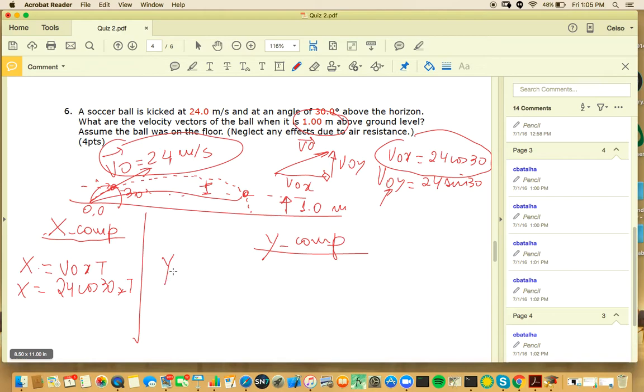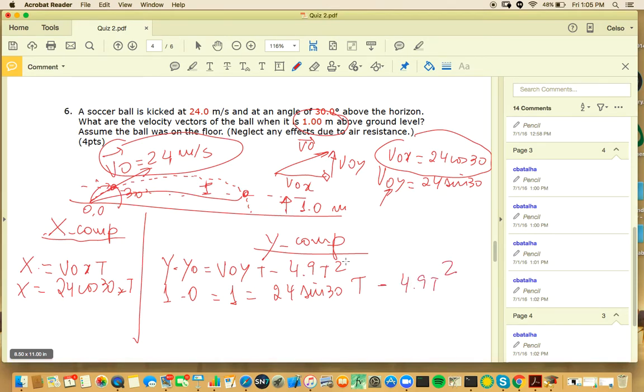So final position minus initial position is equal v naught y t minus 4.9 t squared. Okay, that's the basic equation. Final is 1 meter, initial is 0. So this is 1, right? Is equal to v naught y, which is 24 sine of 30, versus time minus 4.9 t squared.